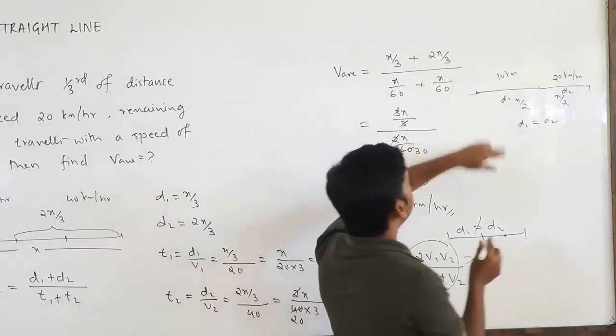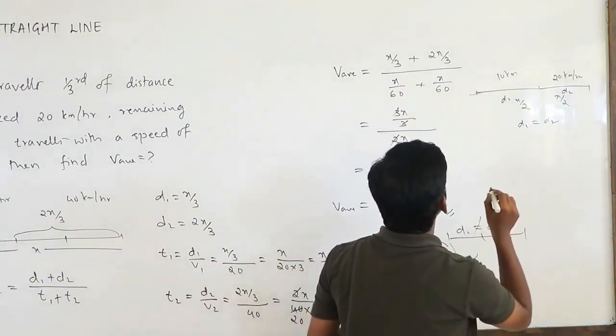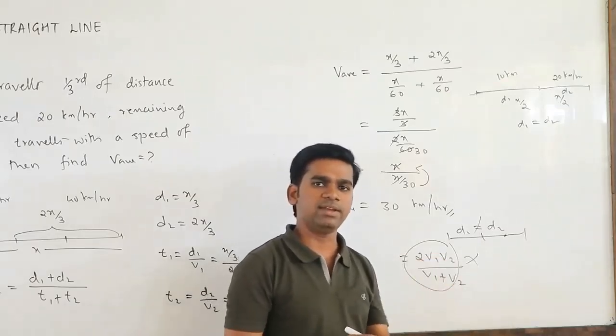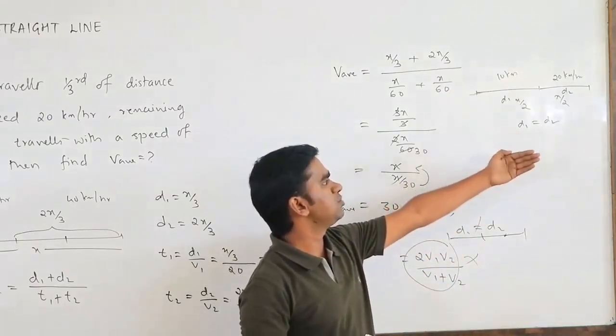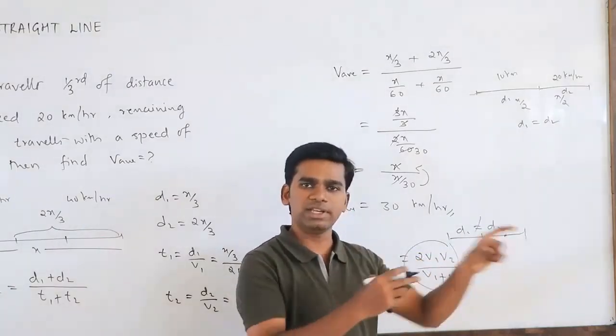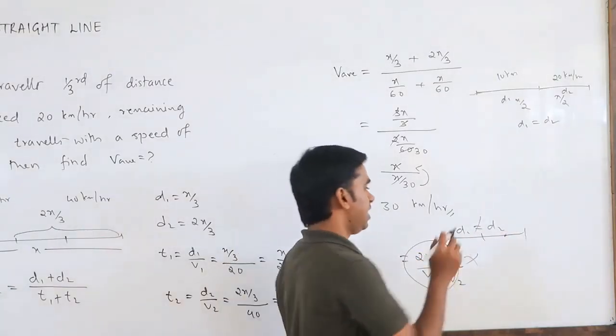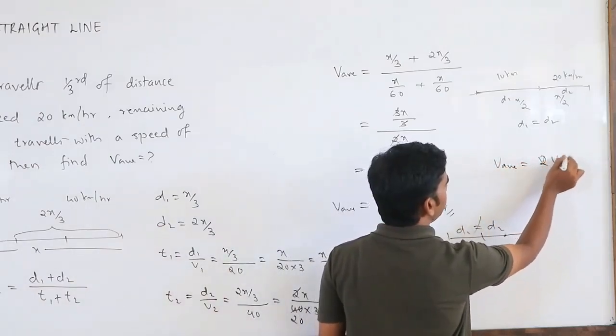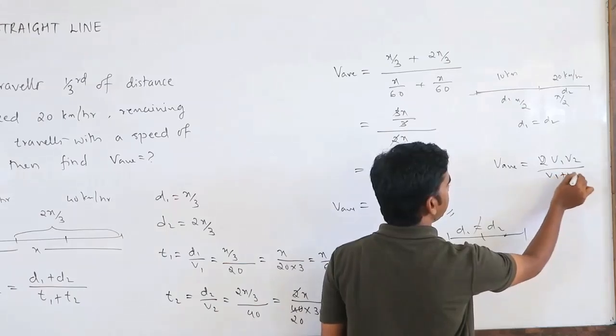If that is the case, how they will ask the question is, a car travels initial half of the distance with speed 10 and next half of the distance with a speed of 20. Half distance means both are equal, exactly half. So in that situation, directly you can go with this one. V average equals to 2v1 v2 divided by v1 plus v2.